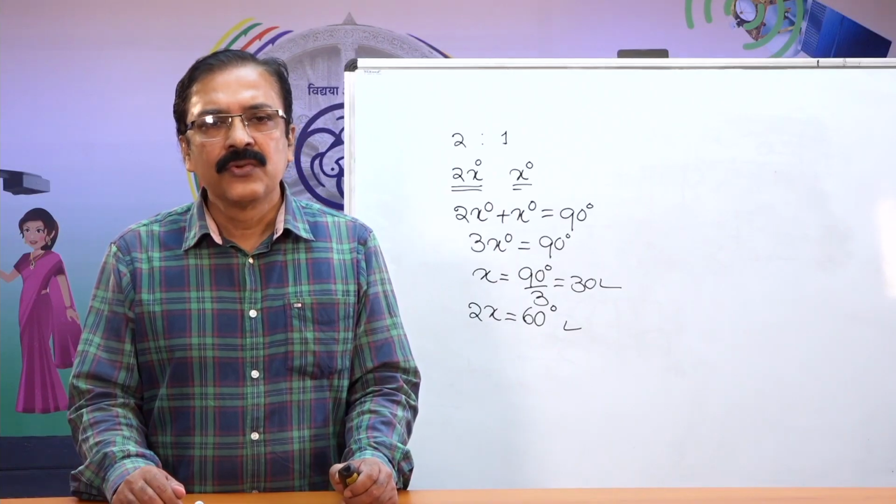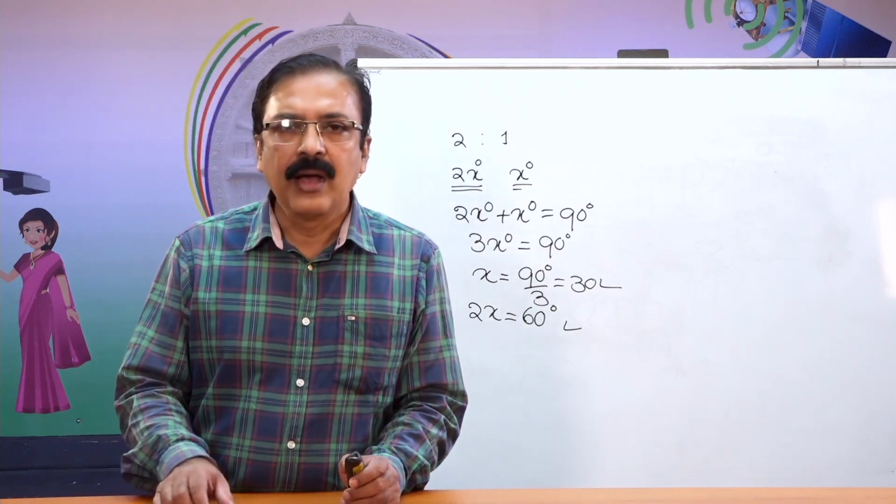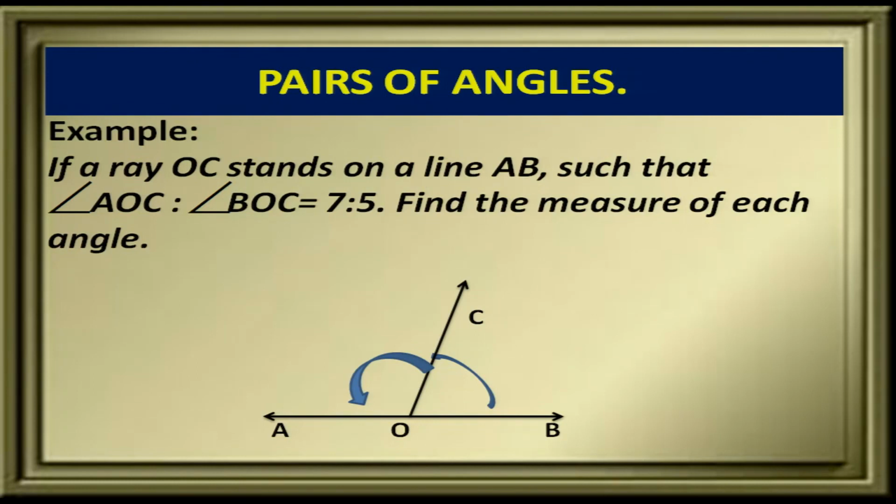Using this, we have some examples, some problems. Let's solve them. If a ray OC stands on a line AB such that the ratio of angle AOC and angle BOC is 7:5, find the measure of each angle.